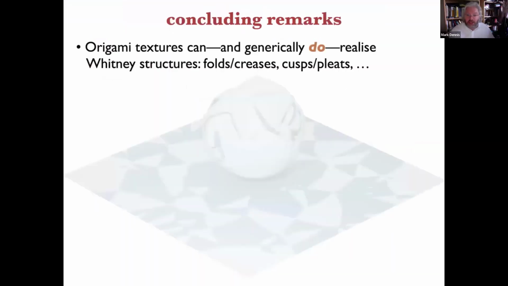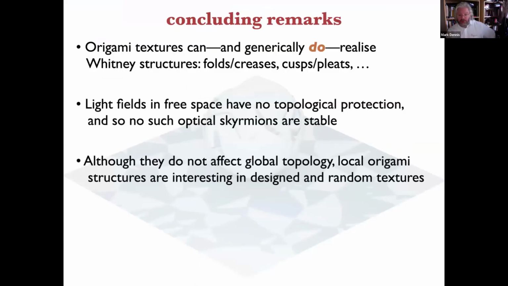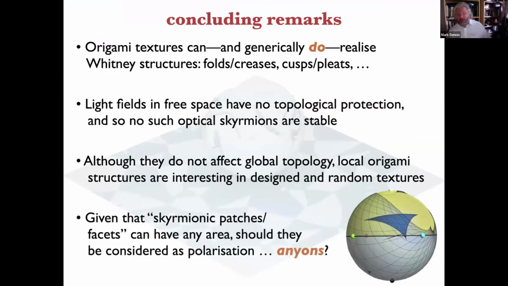So origami textures can and do realize these Whitney structures, and they occur just as much in random as controlled fields. There's no topological protection, so no skyrmions are stable. So this is the natural topology of these things. They don't affect the global topology, but local origami structures are interesting in design and random field textures.